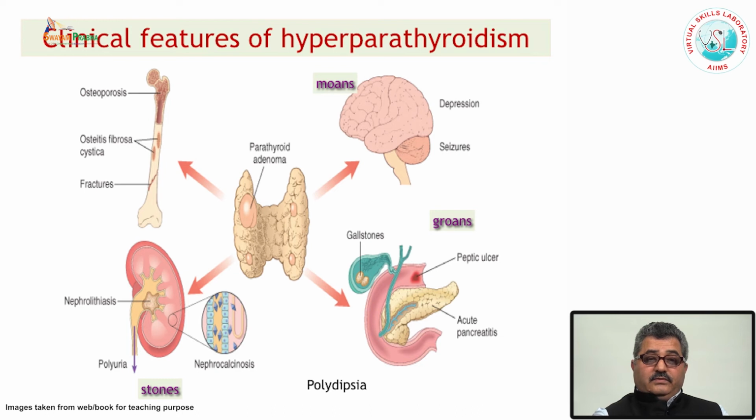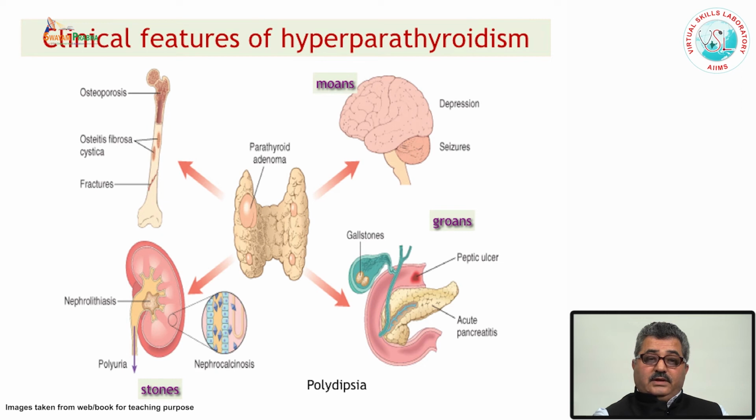This picture shows how the parathyroid hormones act on the different organs and what are the manifestations. Usually what we call as the moans, groans and stones. Because of the calcinosis, there is stone formation in the kidney as well as in the gallbladder. In the bones, there is osteoporosis, there are fractures, there are brown tumors, what we call osteitis fibrosa cystica.